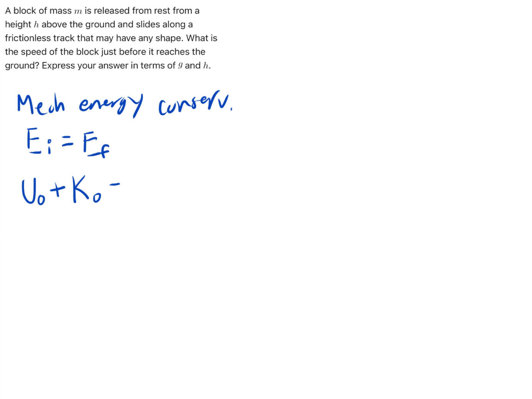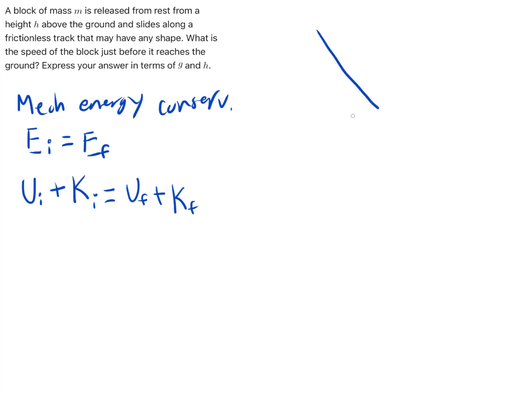Let me change the subscripts. So initial gravitational potential and initial kinetic energy, and that's equal to the final gravitational potential energy plus the final kinetic energy. So maybe we can draw what this situation might look like.